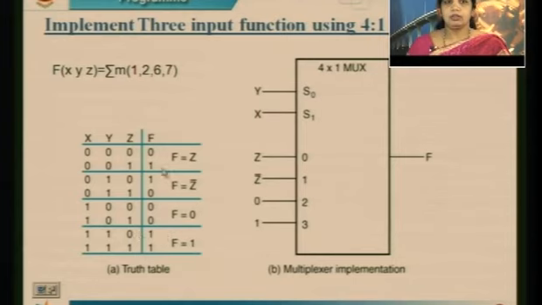In this grouping, 0 and 1 at the output side represents Z. This is the rule for MEV. Whenever it is 1 and 0, the function will be in terms of Z bar. This is a rule. Whenever both are logic 0, my output will be 0. If both are 1, my output will be 1.